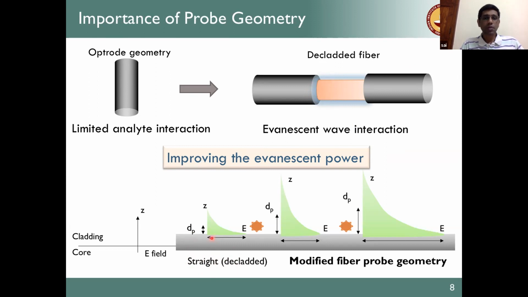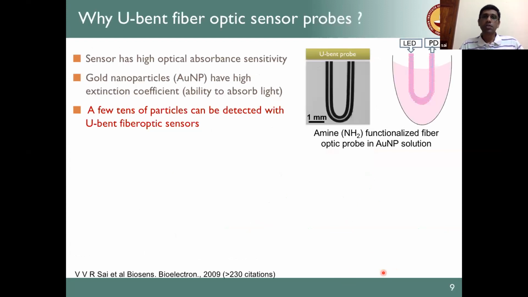In a simple straight optical fiber, the evanescent field strength is less. That may give you some result, but if you want to increase it, you need to modify the geometry. This is one example where we took a 200 micron core fiber.